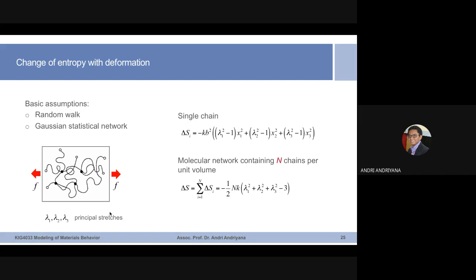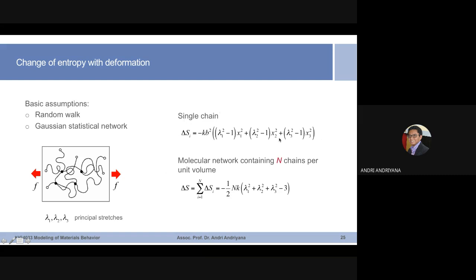Let's say 1 is along the horizontal direction here, 2 is the vertical direction here, and 3 is along the thickness. Lambda 1 is the deformed length over initial length. Lambda 2 is the deformed width over initial width. Lambda 3 is the deformed thickness over initial thickness. That's the meaning.